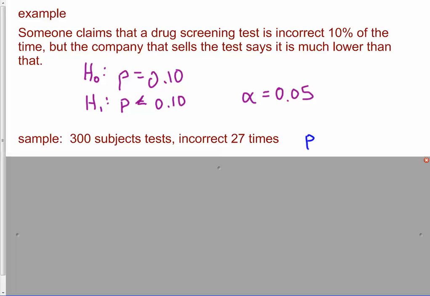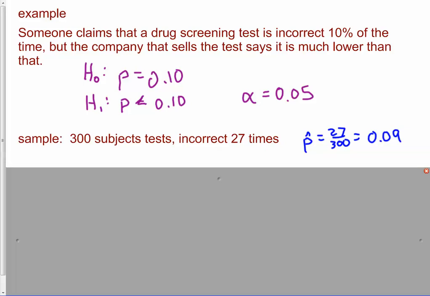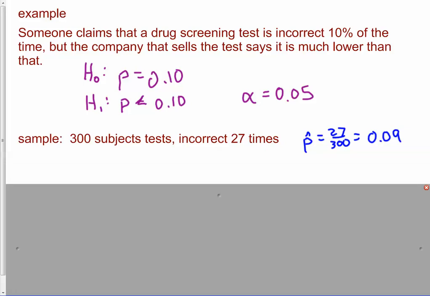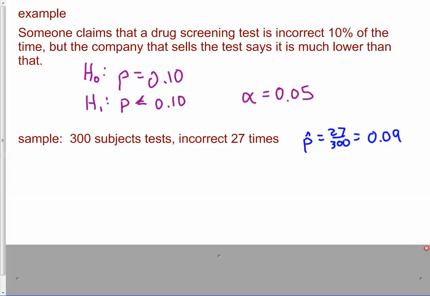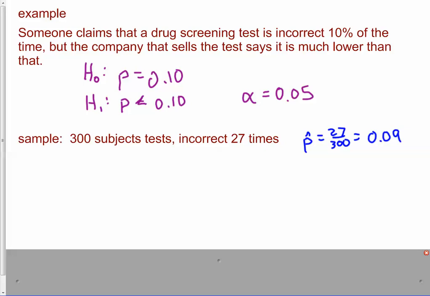So our p hat is 27 out of 300, which is 0.09. So it is less than 10%, it's 9%, and the question is, is that enough below 10% for us to say the real number is not 10%, it's actually smaller, maybe 9% or whatever.